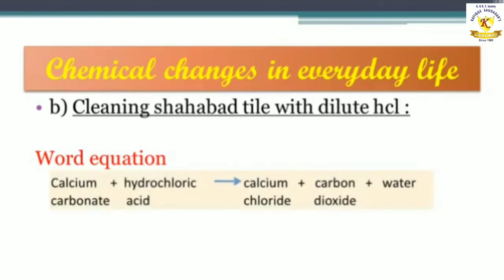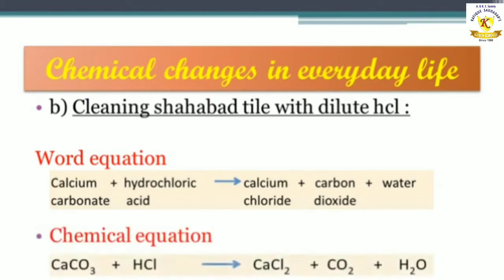Look here, calcium carbonate plus hydrochloric acid. On reaction it gives us calcium chloride plus carbon dioxide plus water. And the chemical equation would be CaCO3 plus HCl gives CaCl2 plus CO2 plus H2O.